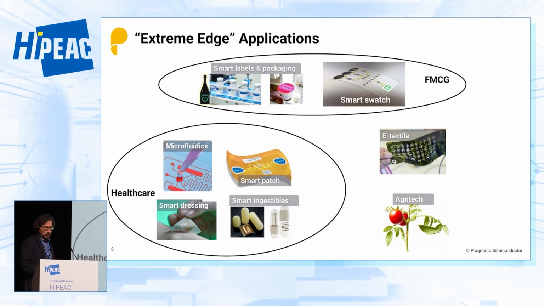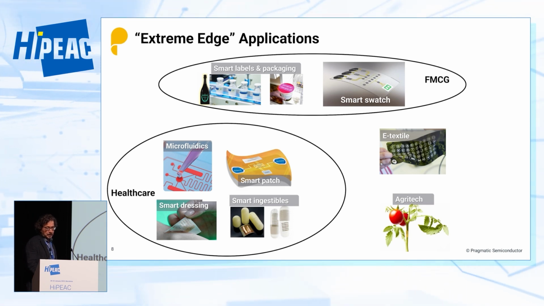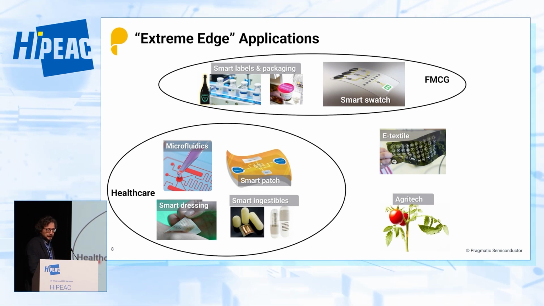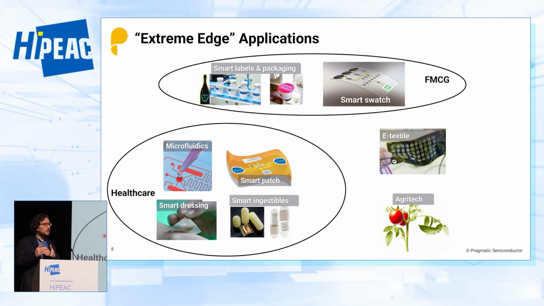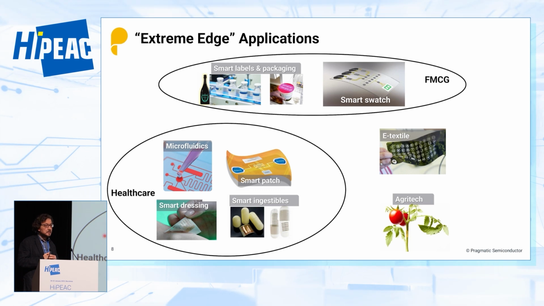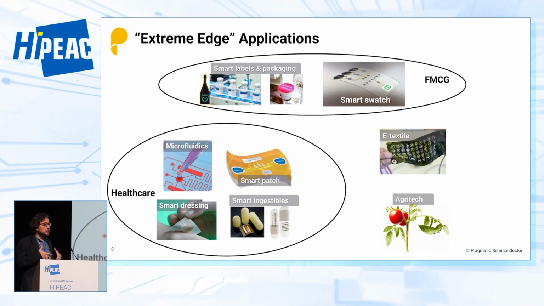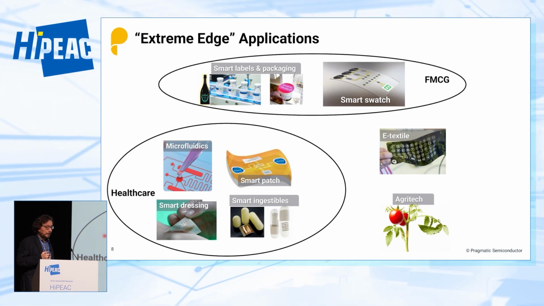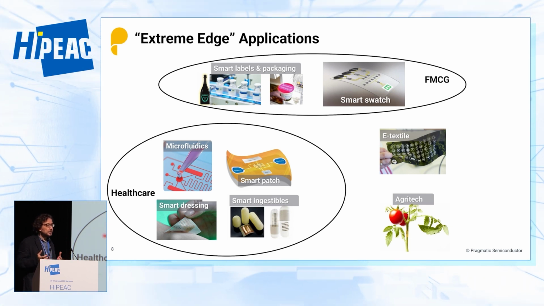On healthcare, I think this is a very interesting area, but these are more like fast-consumption healthcare goods, like smart patches for ECG, EMG or EEG monitoring, and smart dressings like wound monitoring.